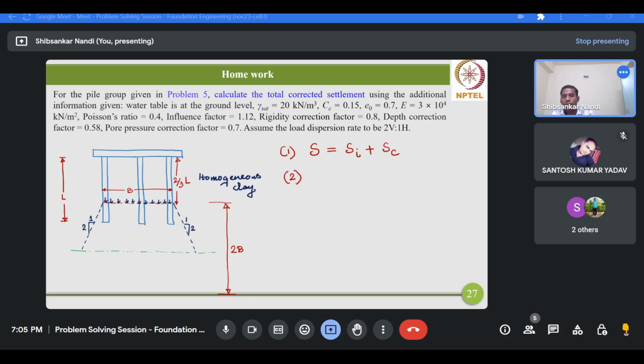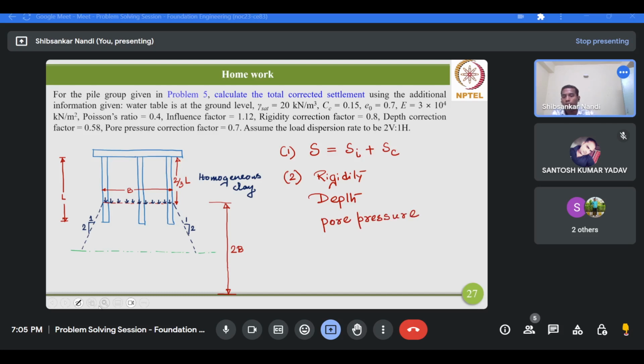Secondly, what are the corrections we should incorporate? As you can see from this problem, one is rigidity, then depth, and pore pressure.